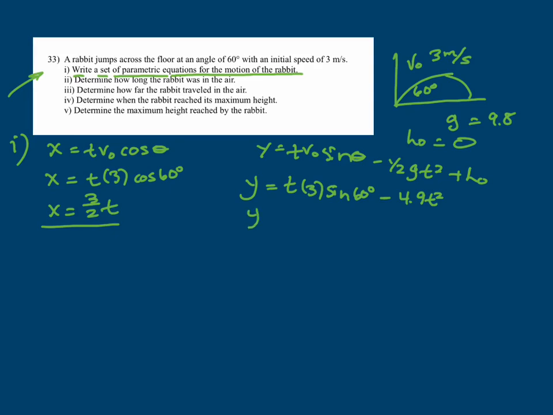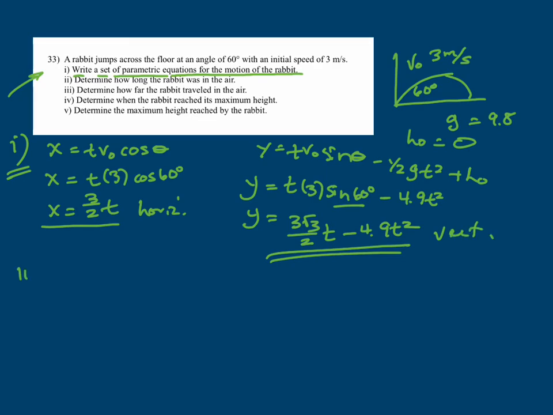So let's simplify this out. y equals, sine of 60 is square root of 3 over 2, so 3 square root of 3 over 2 t minus 4.9 t squared. So there's part I. We've got two equations solved for x and y. This is the horizontal and this is the vertical.